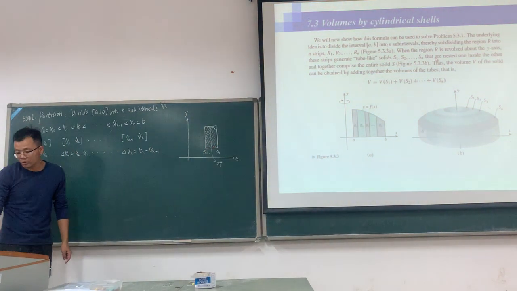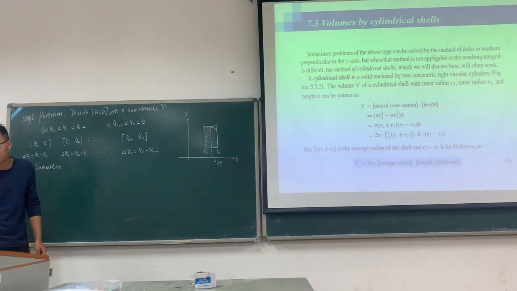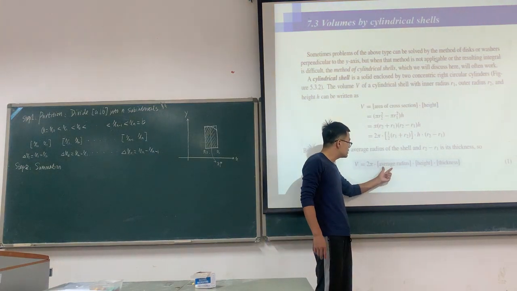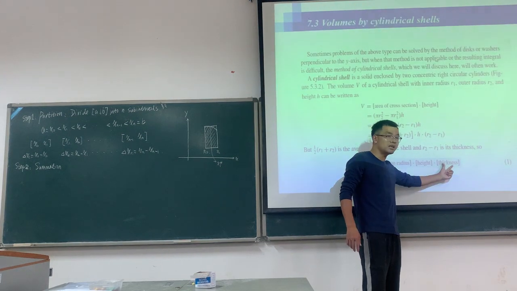We use this formula: the volume equals 2 pi times the average radius, times the height, times the thickness.